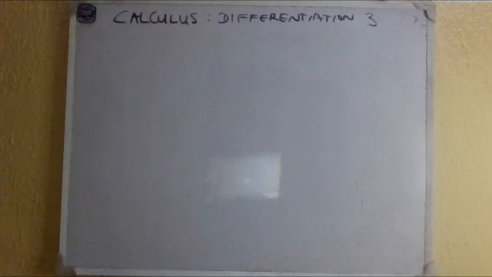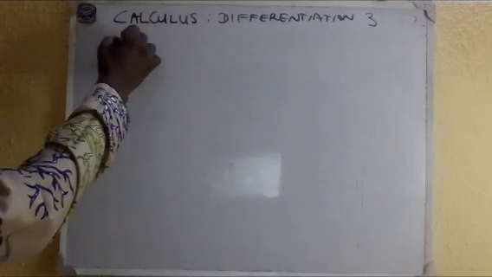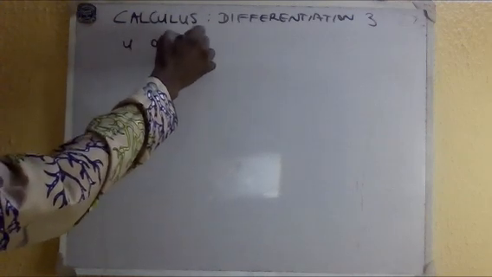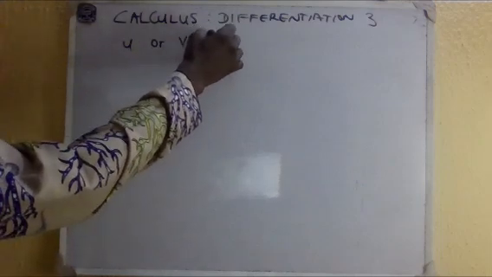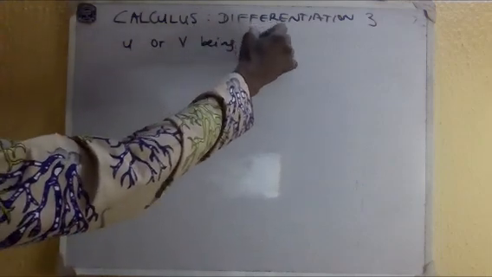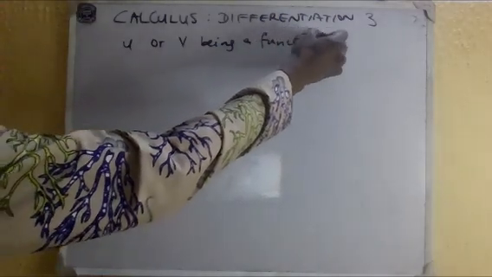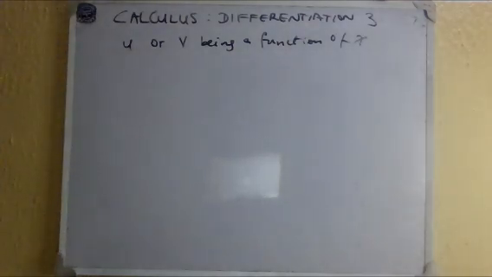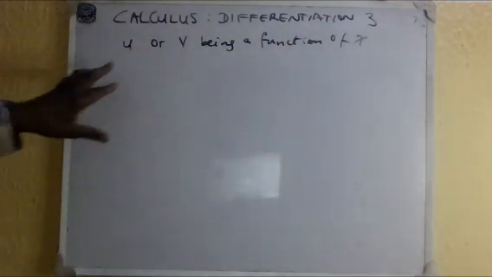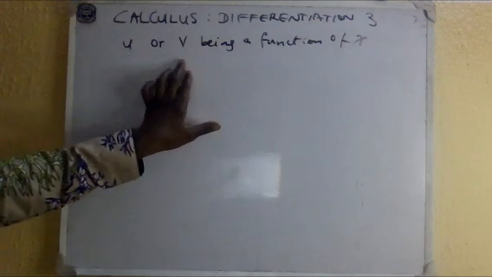Now, the rules of differentiation of a product or a quotient that we have revised before are just for when you are considering two functions, that is, when you are considering u or v being a function of x. So what we saw in those techniques is that we are just seeing two functions, understand?